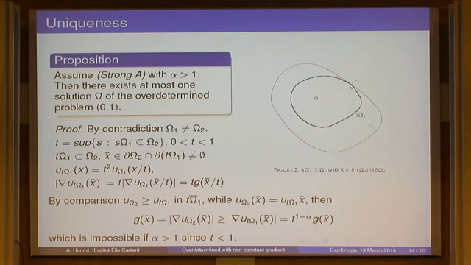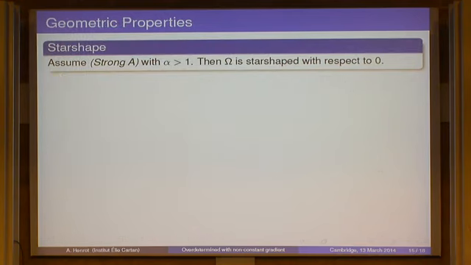And this argument can be used also to prove, in particular, star-shapedness. This is exactly the same argument, because a domain is star-shaped if and only if star-shaped with respect to the origin, due to the fact that the constant J is given, your problem is not translation invariant, of course.